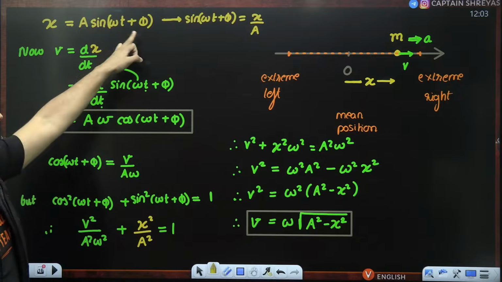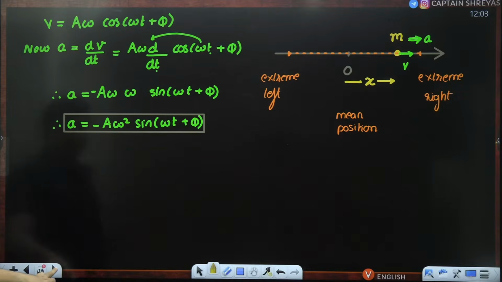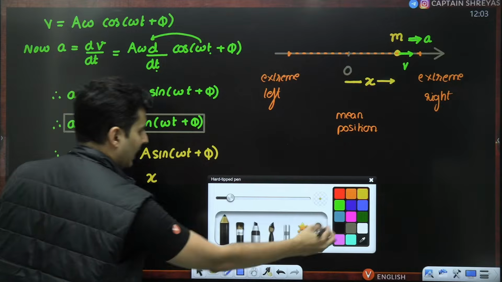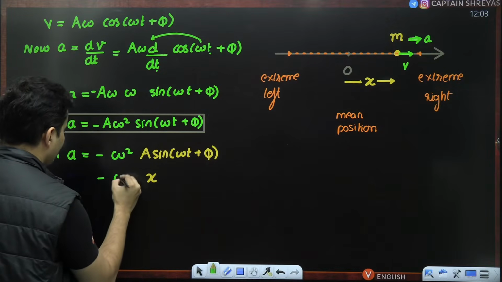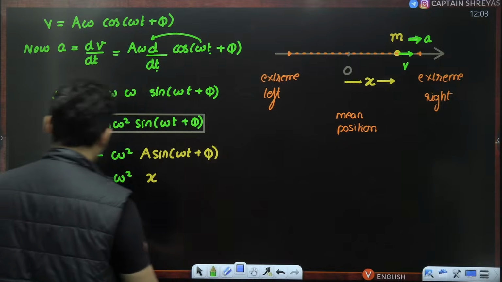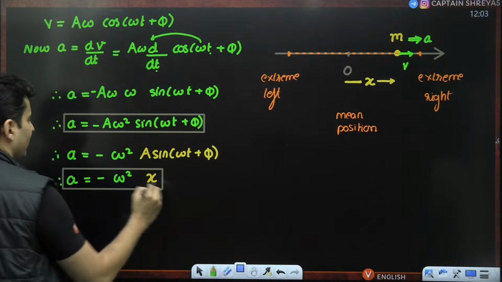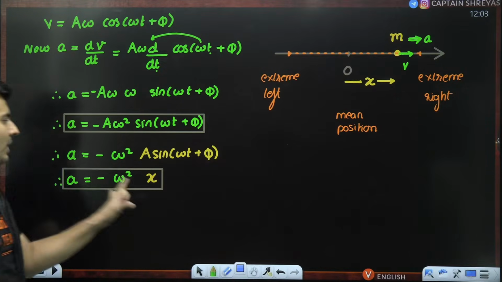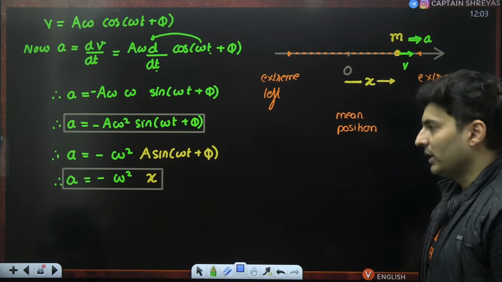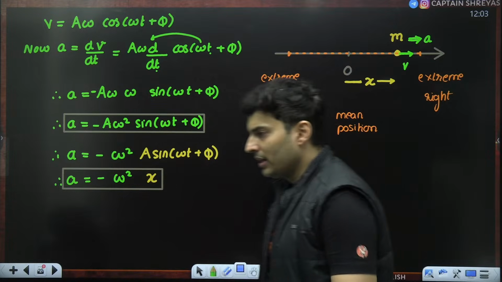A sine of omega t plus phi is basically x, correct? So therefore, I can replace this with x and I will get this as minus omega square x. So acceleration is minus omega square x. Very, very important thing. Cool till this point?